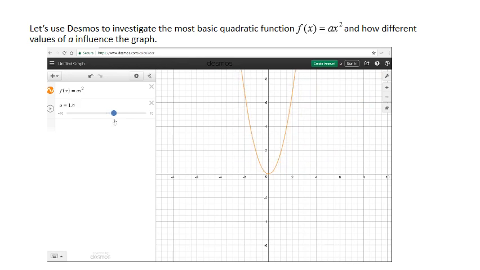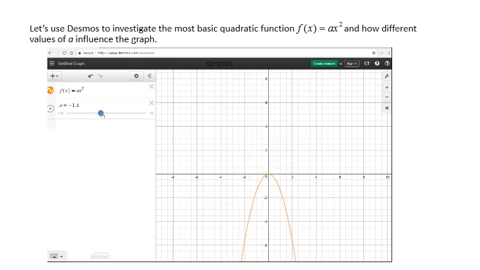So if a is positive, the parabola is opening up. If a is negative, the parabola is opening down. And then it turns out our standard shape for a parabola would be at a equals 1. So this is the standard shape. What we say is that if a is greater than 1, it's a skinnier or narrower parabola, and that includes ignoring the signs.